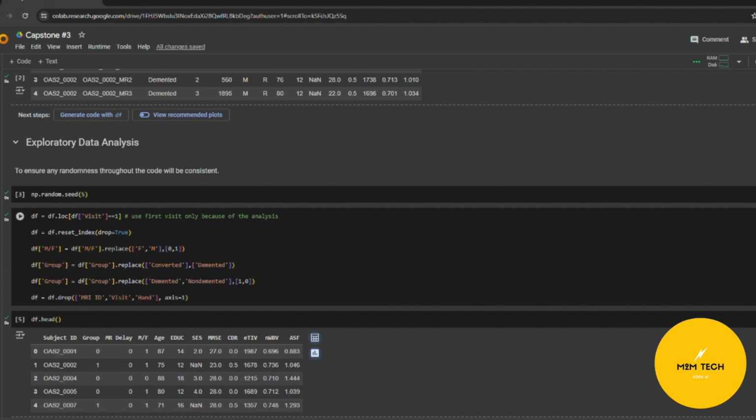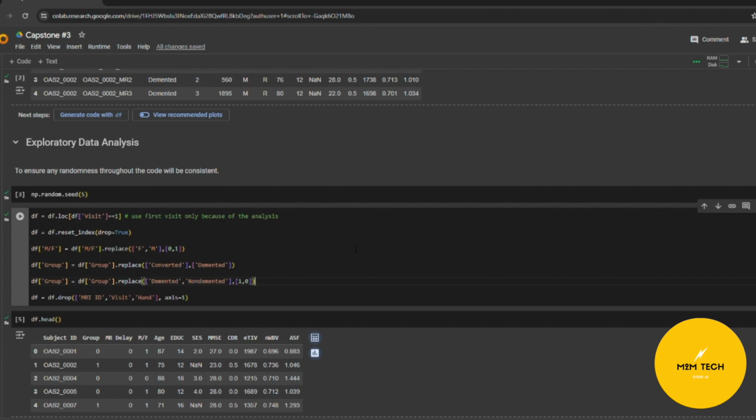I've then changed the categorical columns and gave them numerical values. For this, I only had to do that for the gender column and the group column. So I've replaced female with 0 and male with a numerical value of 1.